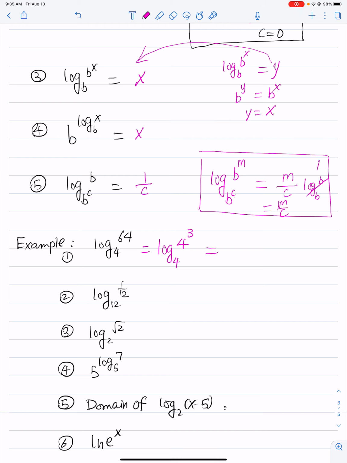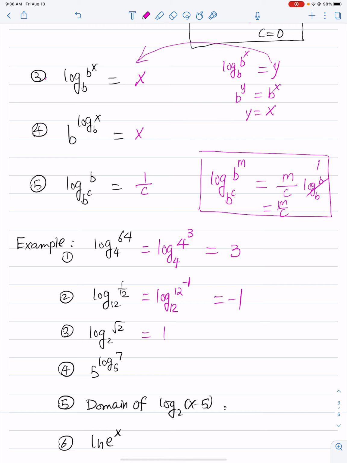So which formula should we use? Number 3, yeah. Because the bases are the same, so we only have 3. So log 1 over 12. 1 over 12 is 12 to the power of what? -1. So same base, -1.